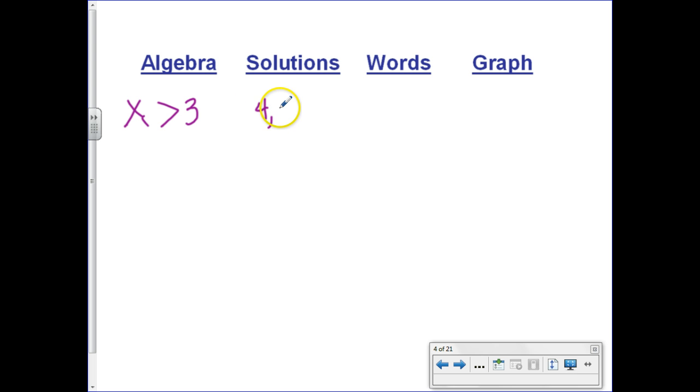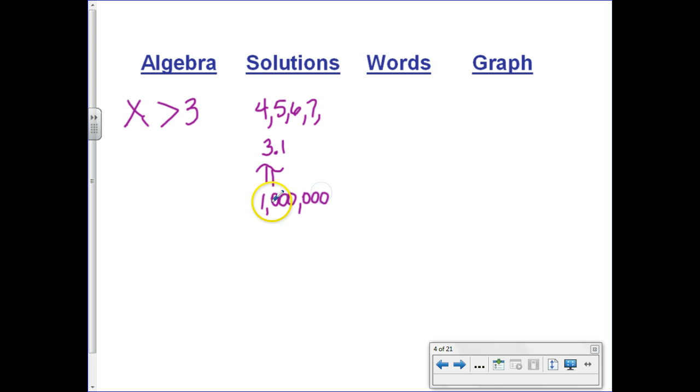And I would say, yes, and there's more: 5 and 6 and 7. I could even choose something like 3.1. Or if I wanted to get super fancy, I could say something like pi. Ooh, pi is greater than 3. I could choose a number like 1,000,000, for goodness sakes.